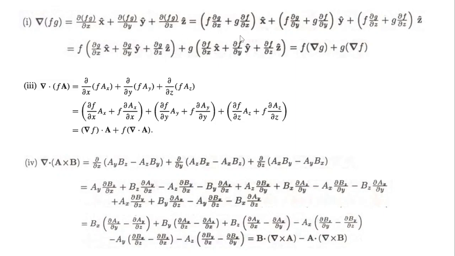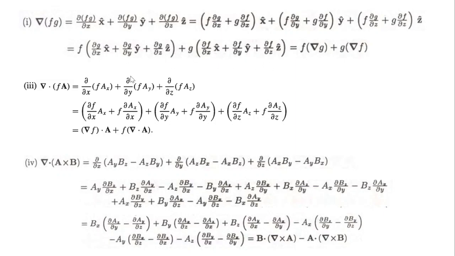Now what you have to do is all the terms with common f we can pool together. So I have one term here, one term here, one term here. F is common, so I can write f into dou g by dou x x cap plus dou g by dou y y cap plus dou g by dou z z cap, plus, in the remaining terms g is common, take it outside, g into dou f by dou x x cap plus dou f by dou y y cap plus dou f by dou z z cap.